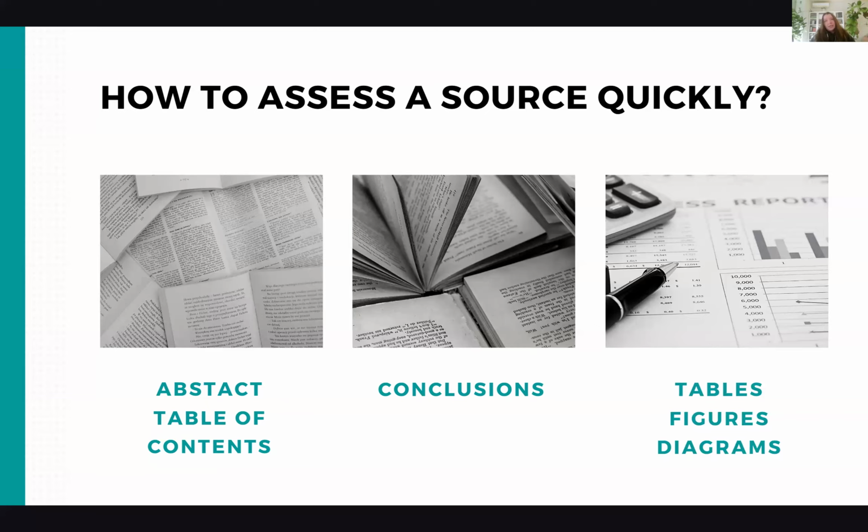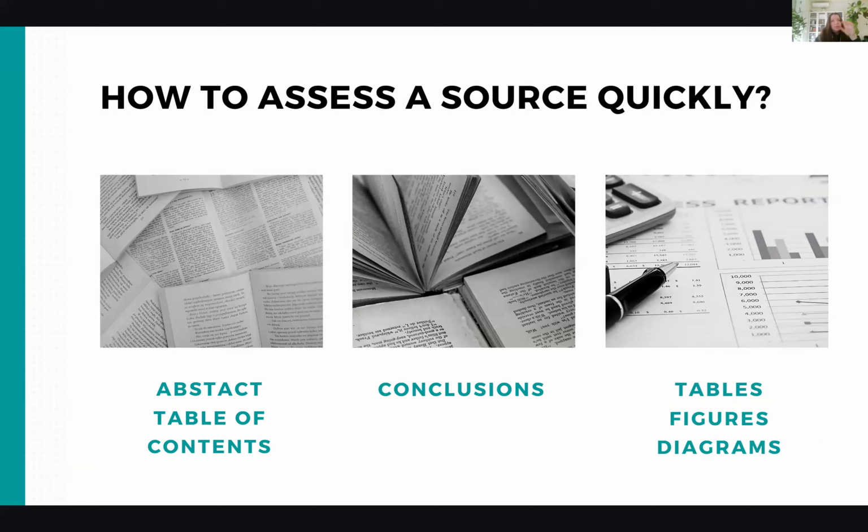So, if at any of these steps you find that the article, the book, any other source doesn't match your topic, you discard it and you take up the next one. If at every step your source matches your topic and you think you can use it, you proceed to the next step.